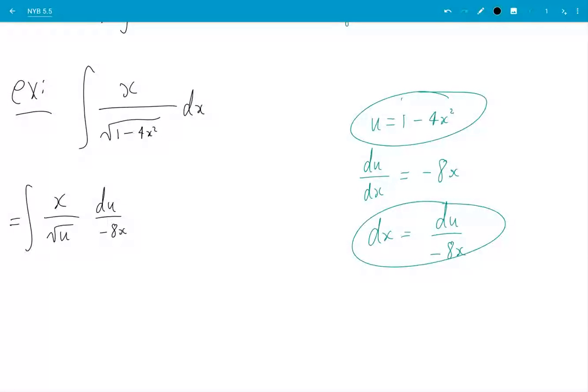Okay, a bit of algebra here that trips people up. This minus 8 should move out front as soon as possible. It ends up like so in front. And then the x's cancel.